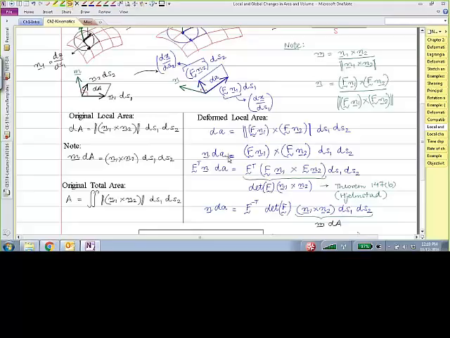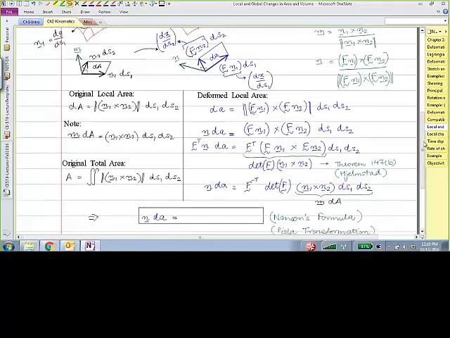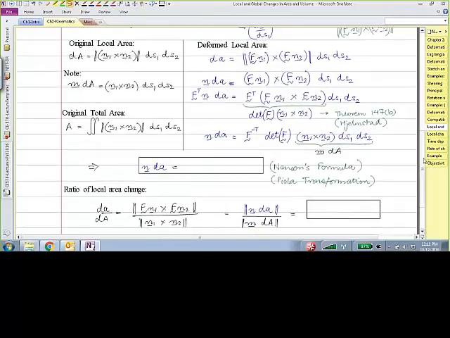And the next few steps are just algebra, but it will help us to get to a point where we can use this relationship for deformed areas.